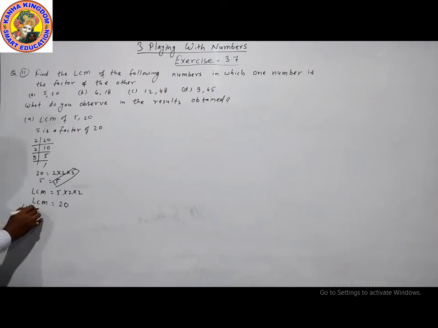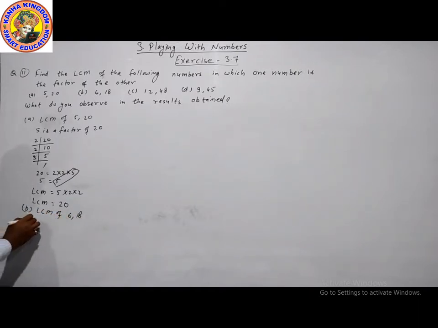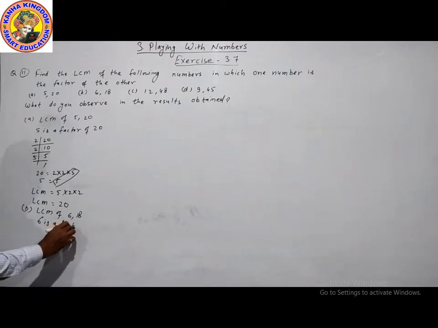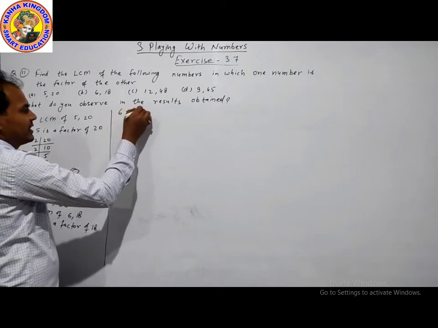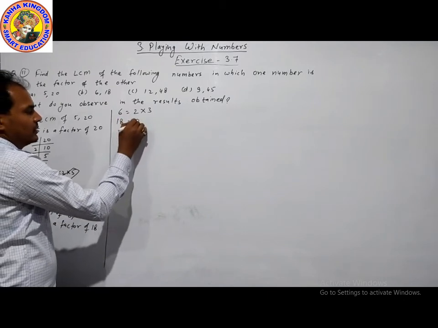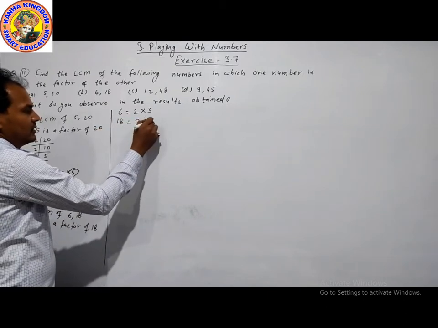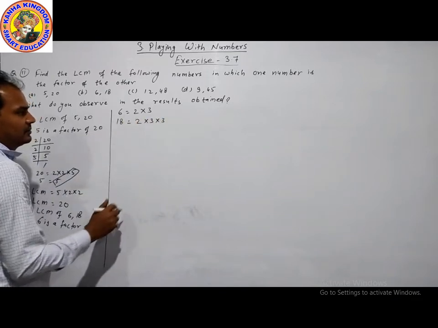Taking part B, LCM of 6, 18. 6 is a factor of 18. Now prime factors of 6, 2 into 3, prime factors of 18, 2 into 3 into 3.